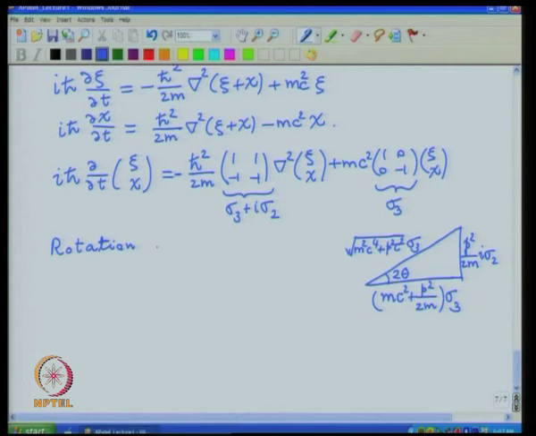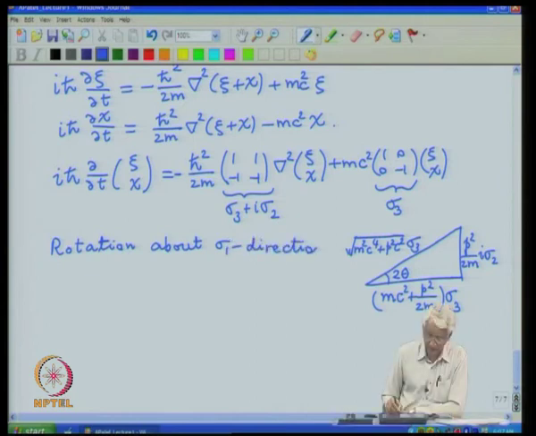which is specified about the third direction, and that comes out from this geometry as a tangent inverse of the ratio of these two terms.